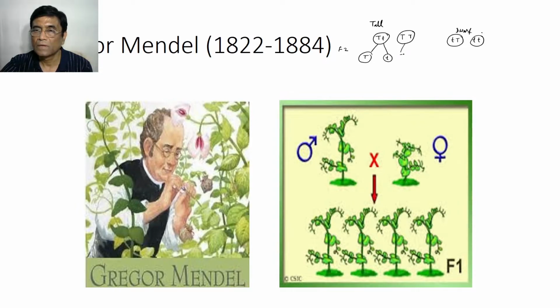This is pure tall, this is pure dwarf. And now there is a possibility that this again cross-pollinates between these.